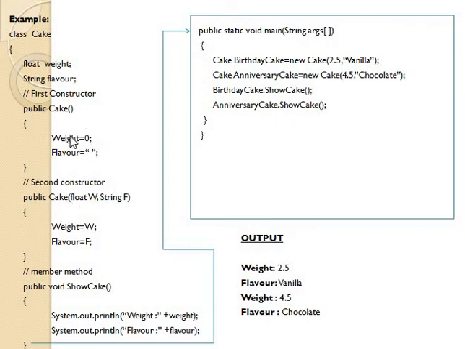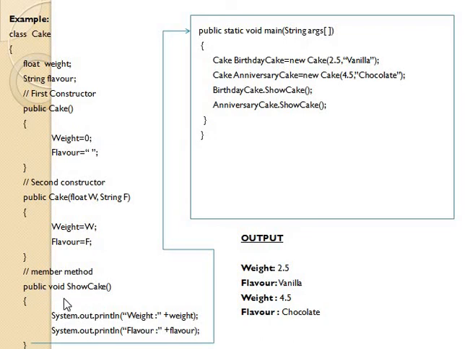This is because these two methods, that is public cake without any arguments and public cake with the arguments, are constructors, as their name, which is cake, resembles the name of the class.